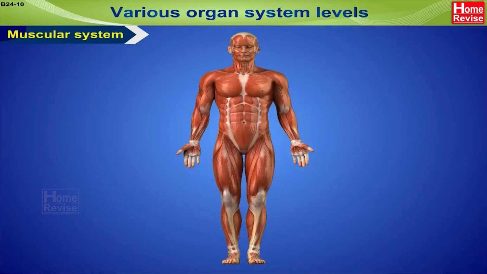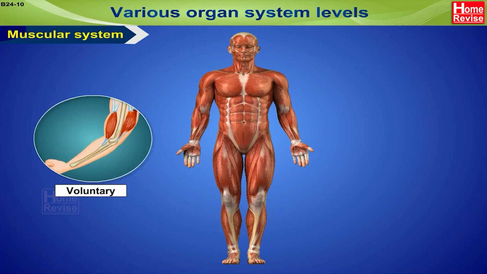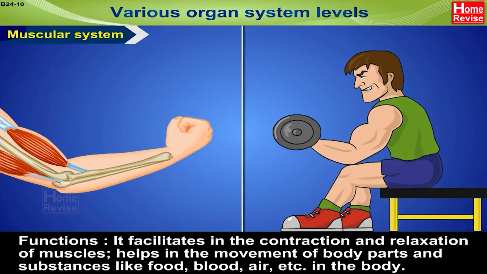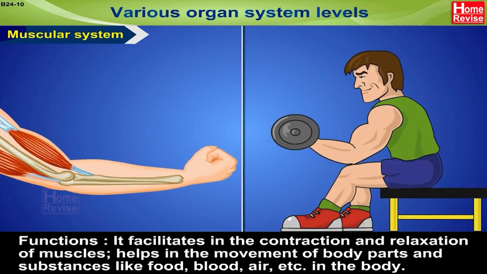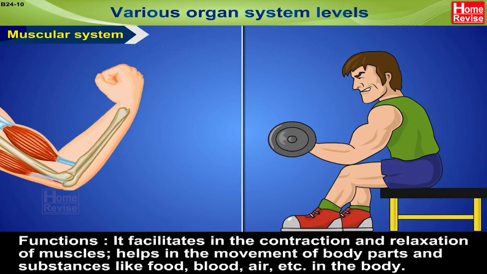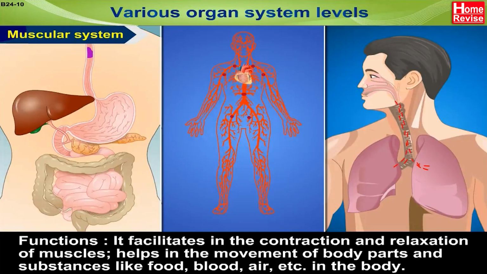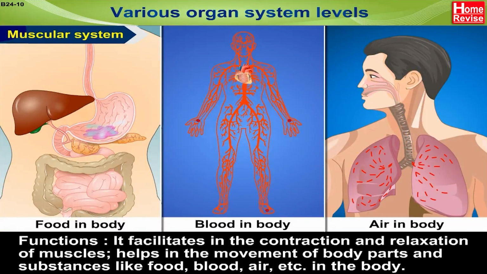The muscular system consists of muscles, which could be voluntary and involuntary. It facilitates the contraction and relaxation of muscles, helps in the movement of body parts, and substances like food, blood, air, etc. in the body.